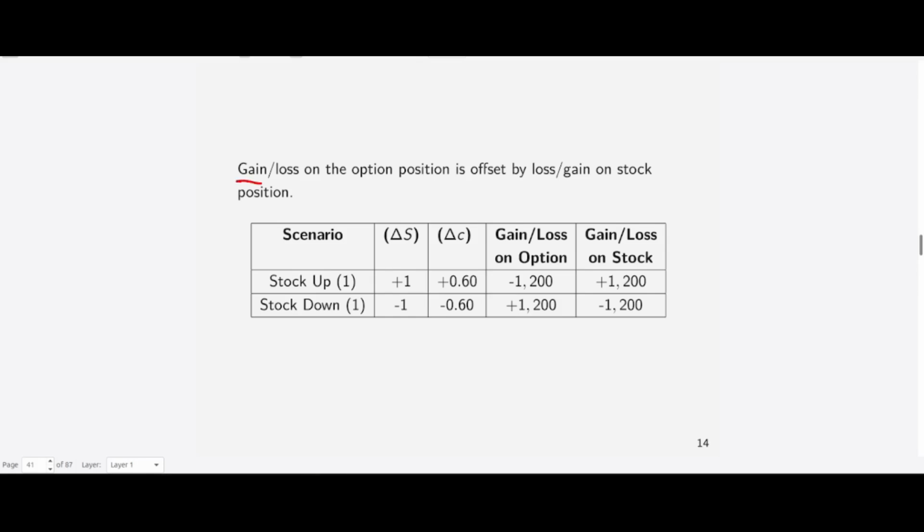So the gain or loss on the option position is offset by the loss or gain on the stock position. That means the gain on the option position is offset by the loss on the stock position, as well as the loss on the option position is offset by the gain on the stock position. This table shows some scenarios. That means if the stock price goes up by one unit, or here delta S, the change in the stock price, is 1, then delta C is equal to 0.6 times delta S. If this increased by 1, then this will become 0.6 positive.